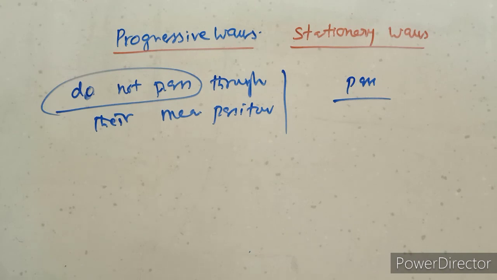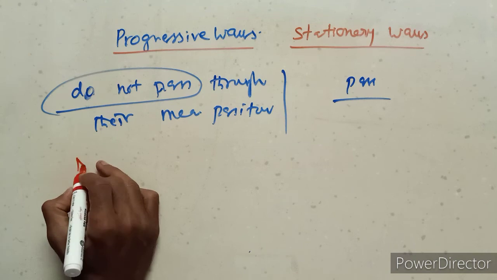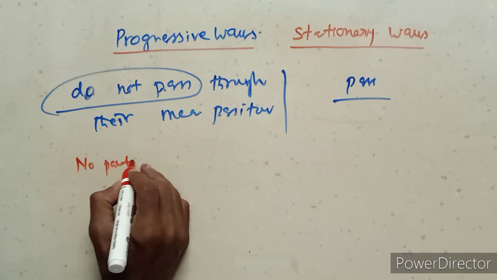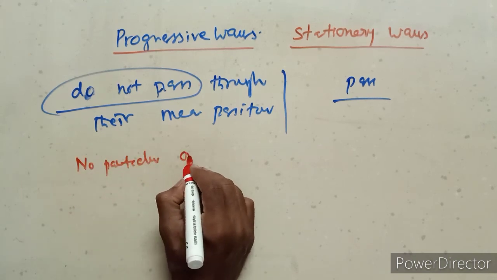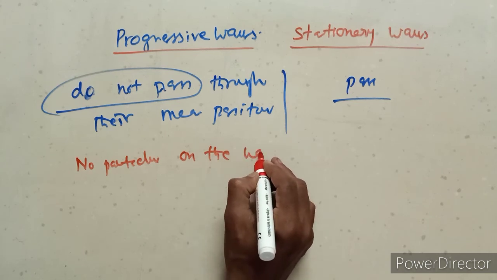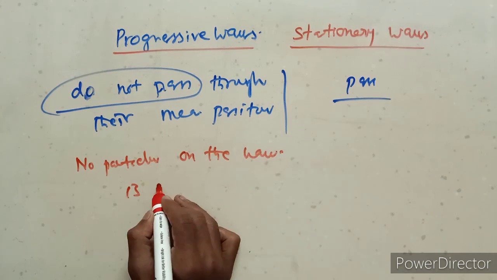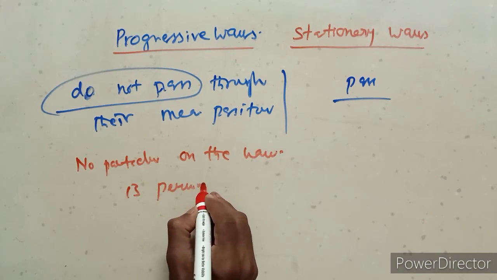In progressive waves, no particle on the wave is permanently at rest.